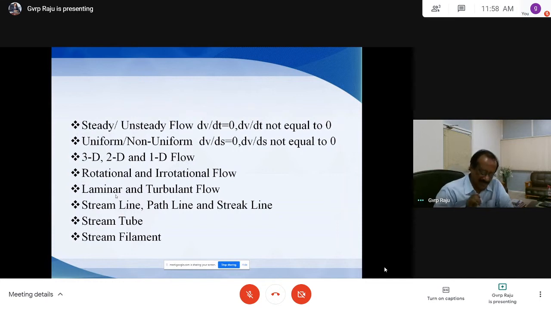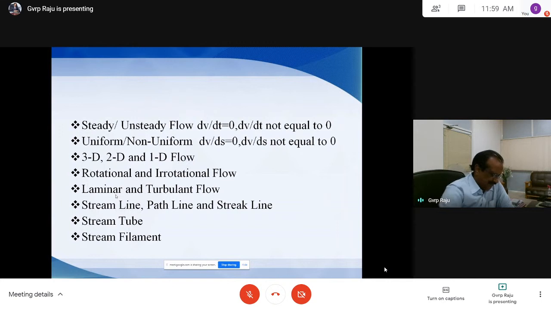Streamline is a line in a fluid flow. If you take a point on a streamline and draw a tangent, that gives the direction of velocity of a fluid particle at that instant of time.